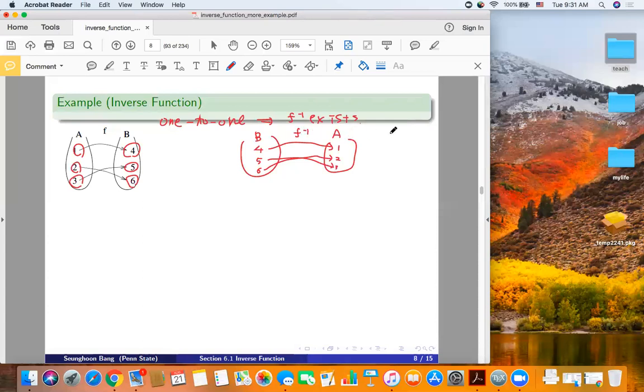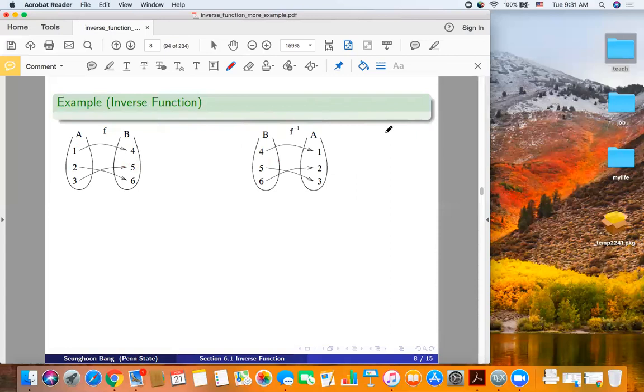Good? So the next: f is 1-to-1, so the inverse function exists, as I said before. What is A? A is the domain of f, which is exactly the same as the range of the inverse. What is B?